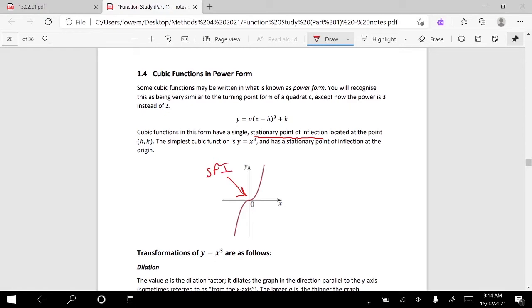When it's written in power form, the coordinates of our stationary point of inflection have the values (h, k). h is our x coordinate of the point of inflection, and k is the y coordinate of the point of inflection. What we have here in this particular sketch is y equals x cubed. That is the simplest cubic function that we have.